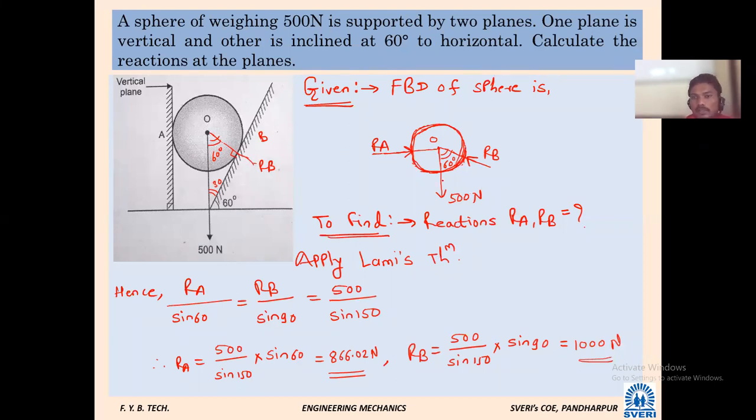RA force is horizontal, so in which summation will it not come? In summation FX, X component forces, RA will not come.